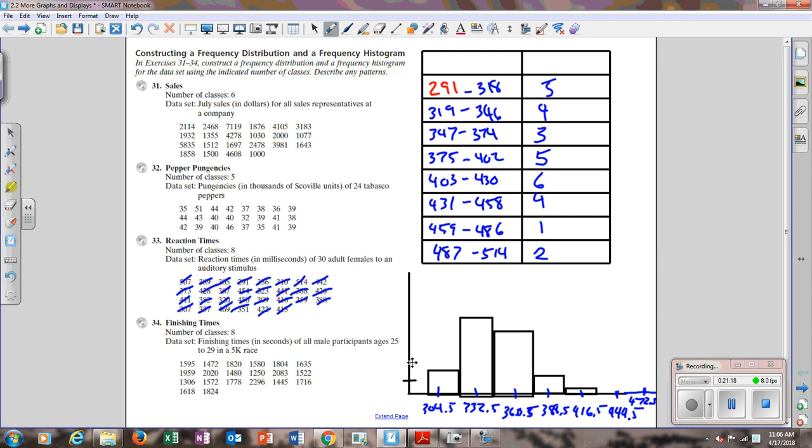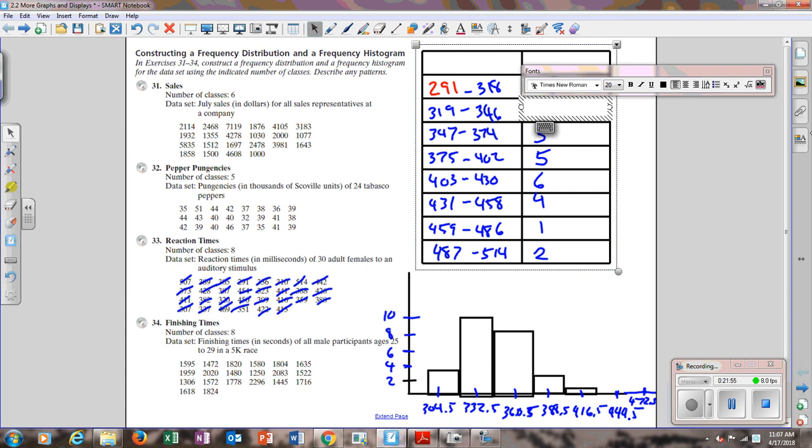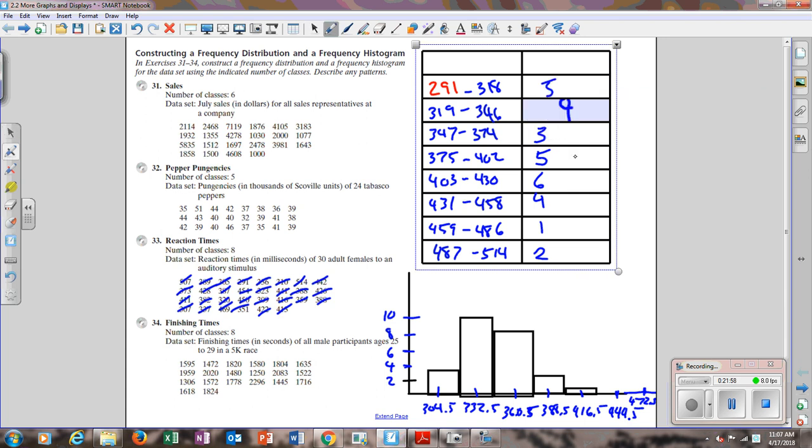Okay, so the first one, look at what our highest number is. That's a 9. So we'll go up by 2s again: 2, 4, 6, 8, 10. So 4, by the way. Anyhow.